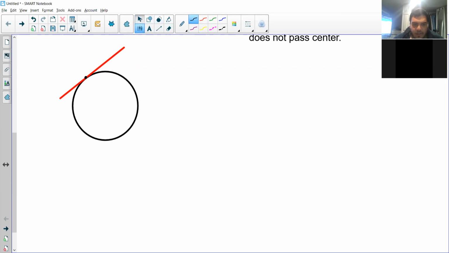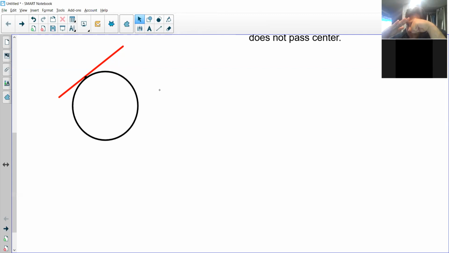We could kind of say like right there. Something like that. Yeah, that's pretty close. Either way. So it scrapes the circle, only hits it once, just scraping right by.